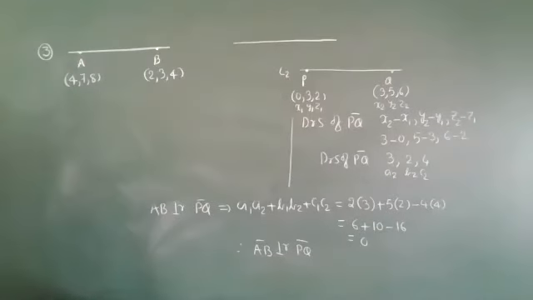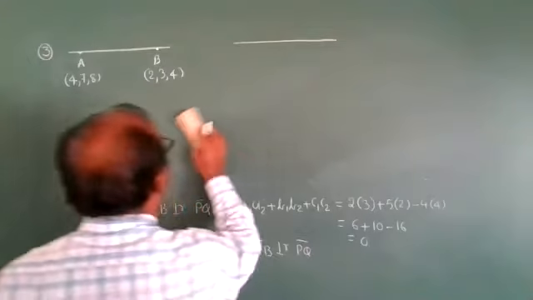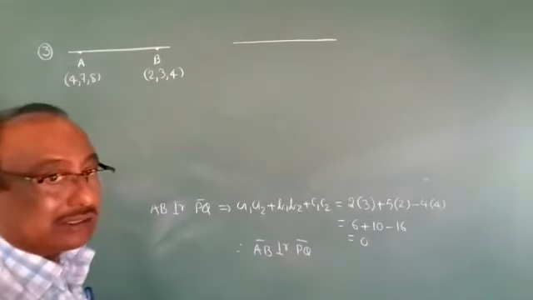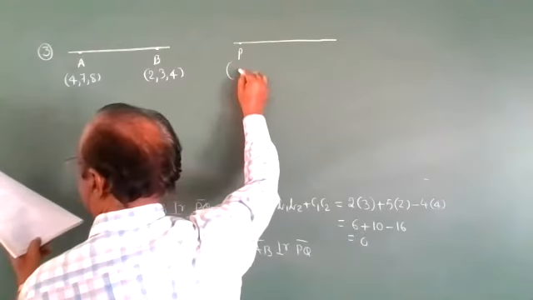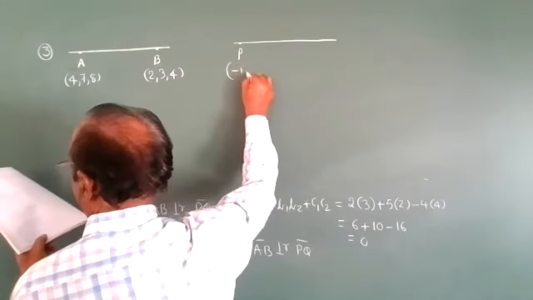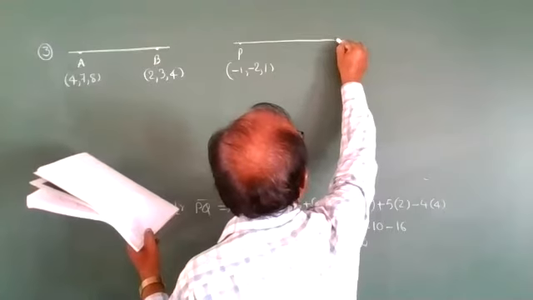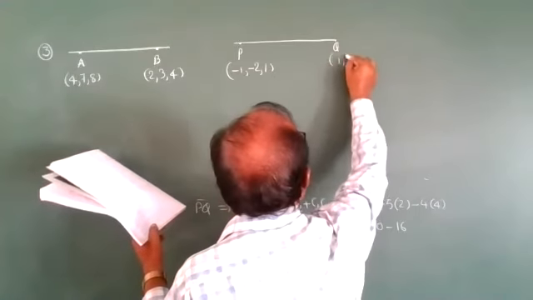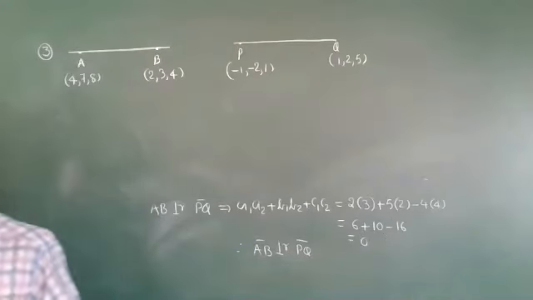Its first point is minus 1, minus 2, 1 and the second point is 1, 2, 5.